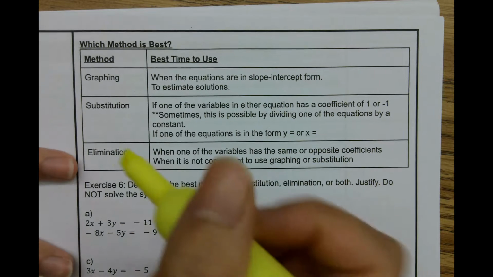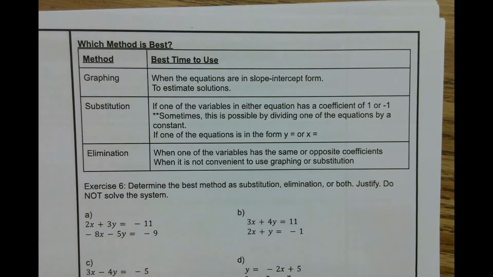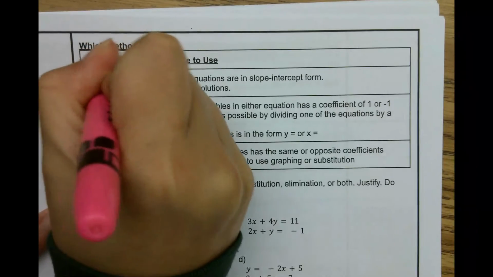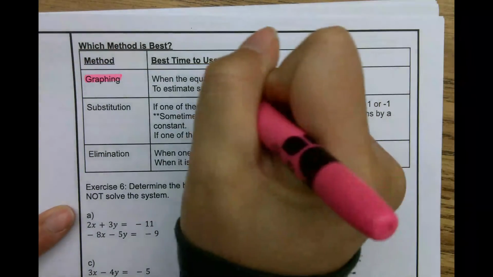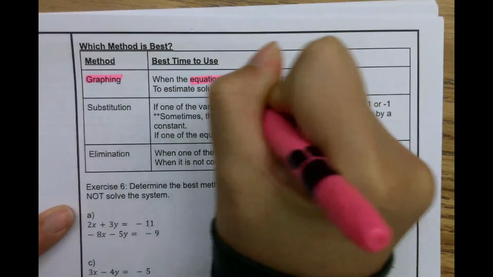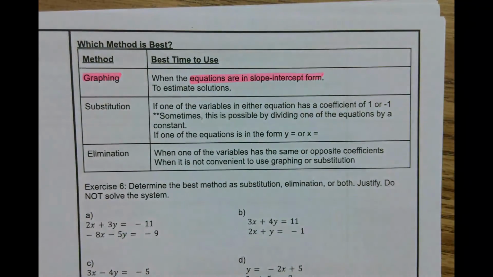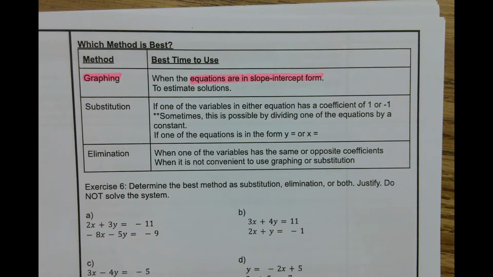The best time to use graphing is when the equations are in slope-intercept form. That's when it's best to use graphing. However, there are times when our graphs are unclear, or we end up getting a fraction and we can't see exactly what that point is.